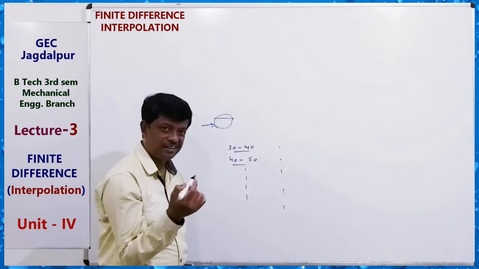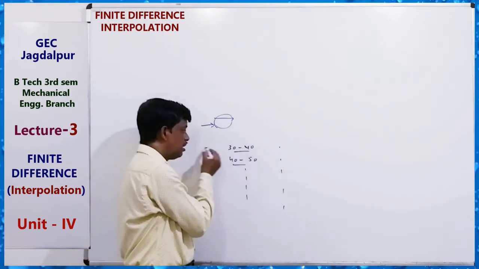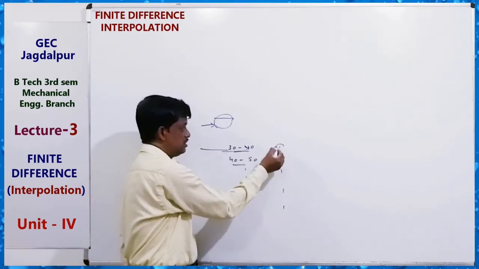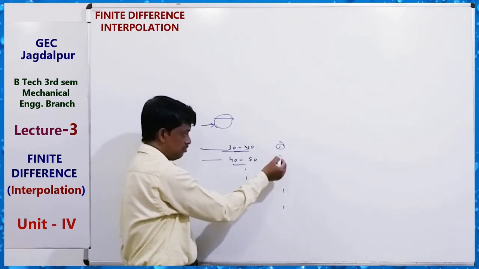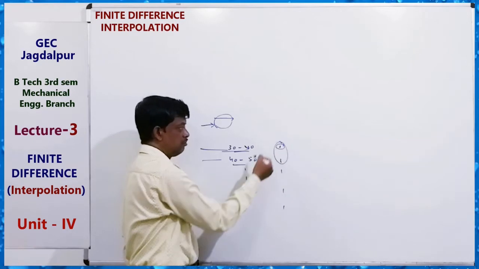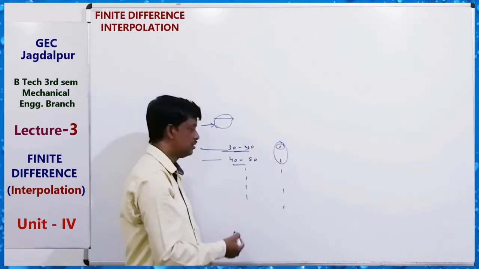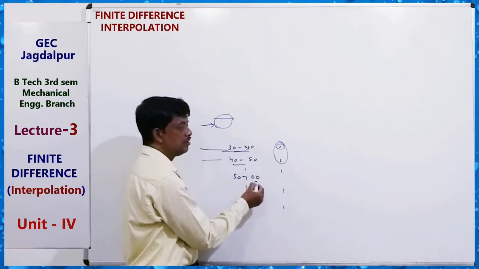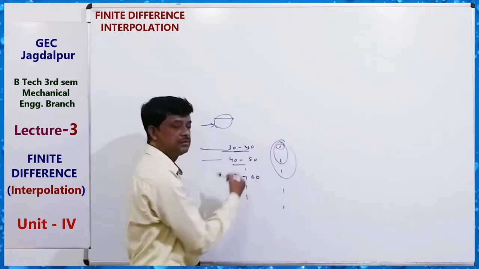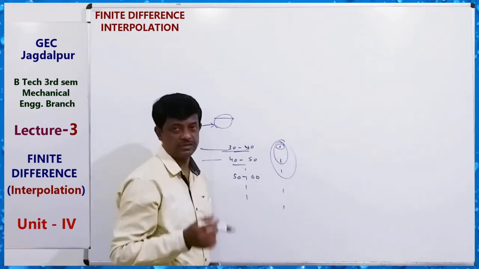So we can write marks less than 40 is this, marks less than 50 will be the sum of this, marks less than 60 will be the sum of this. That is the cumulative frequency we require.